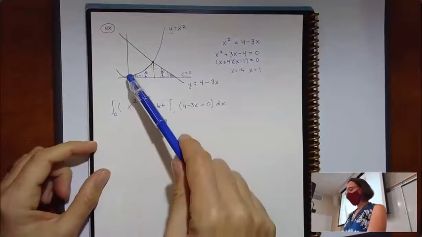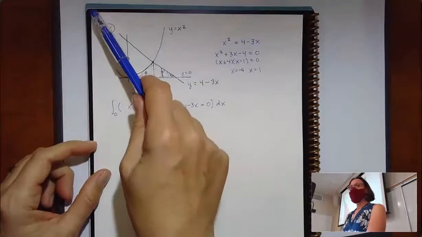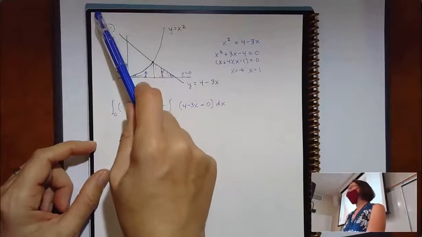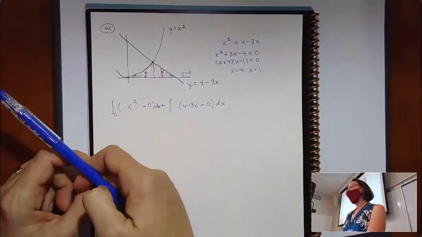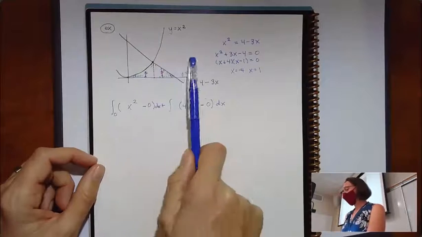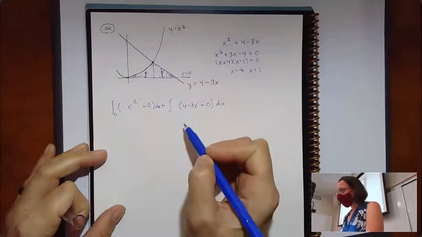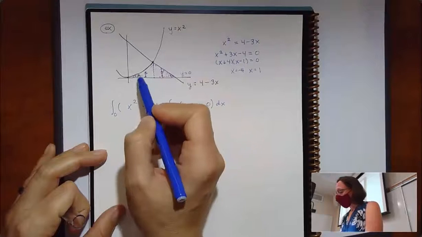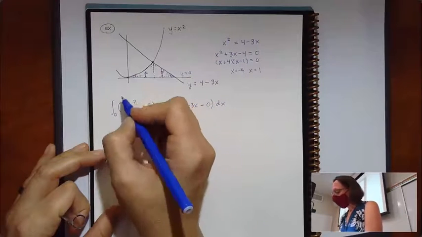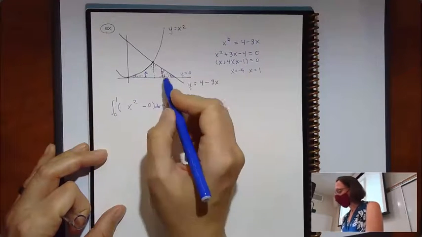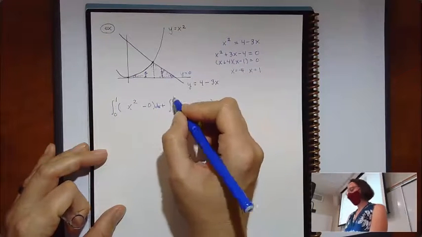If I were to continue drawing this parabola out, it's going to intersect somewhere over here with a negative x value. But based on the picture we've got, this must be the positive 1. So in that first region, I'm going from 0 to 1. And in the second region, I'm going from 1 to something else.